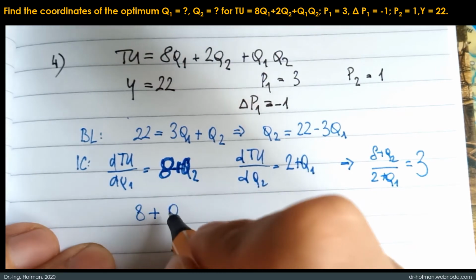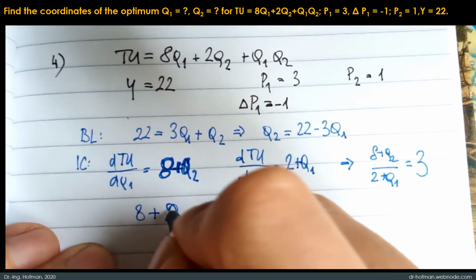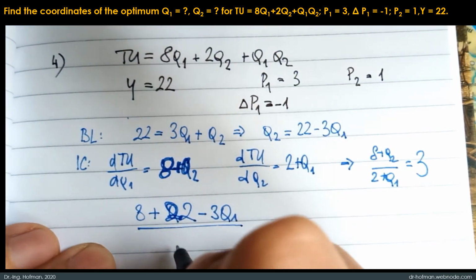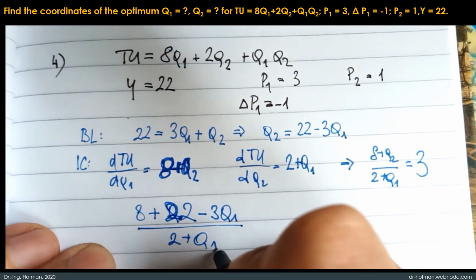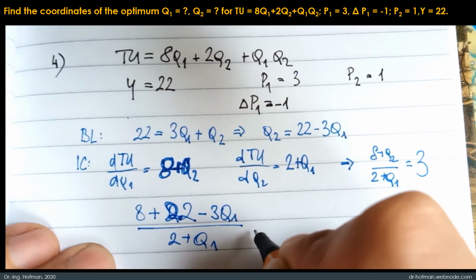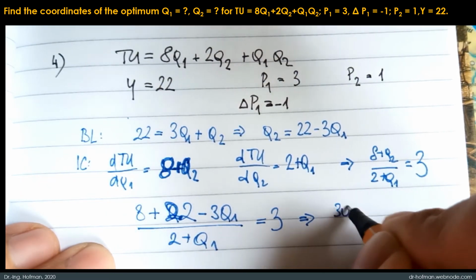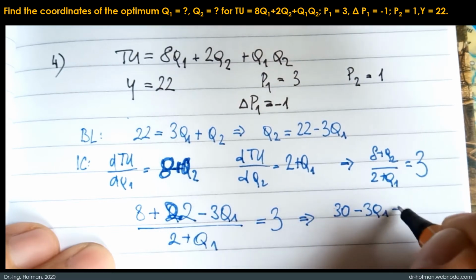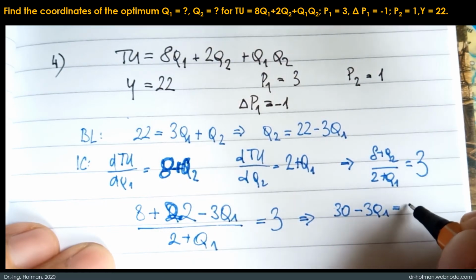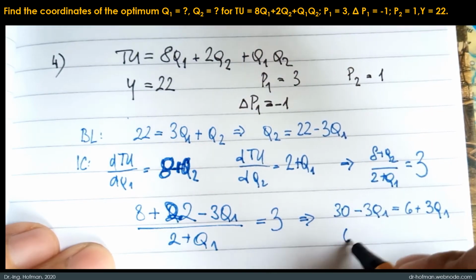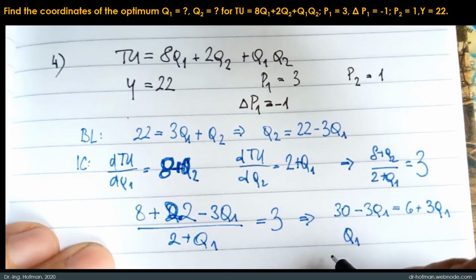Now I can substitute my Q2 in the numerator of the fraction, which equals 3. It was the fraction of prices. I can simplify a bit, multiply it by the denominator, and from here I can express quantity of the first good easily. Let's do it by heart.